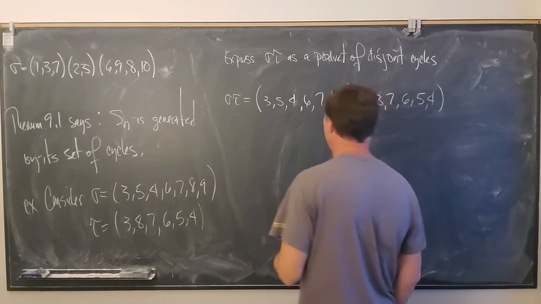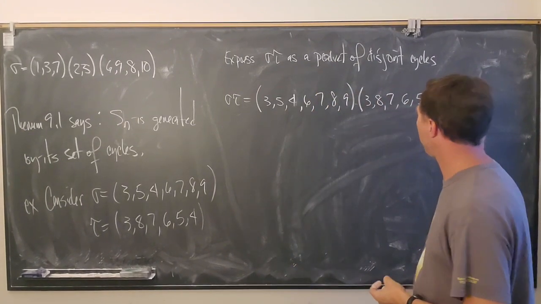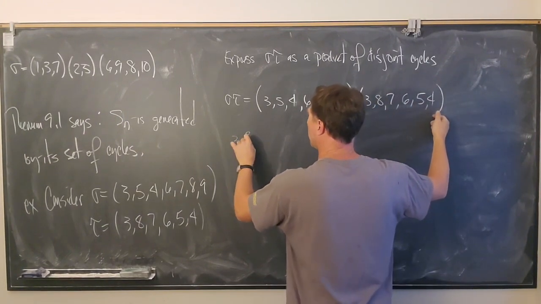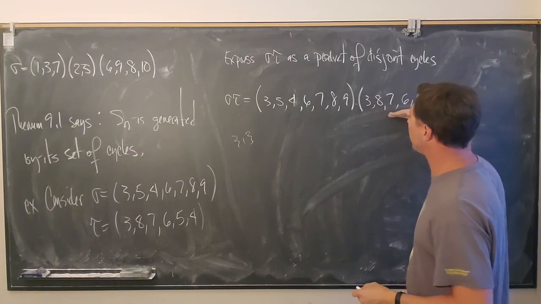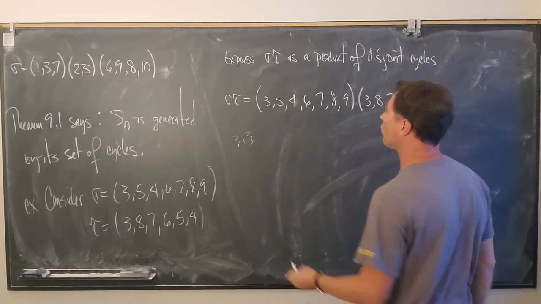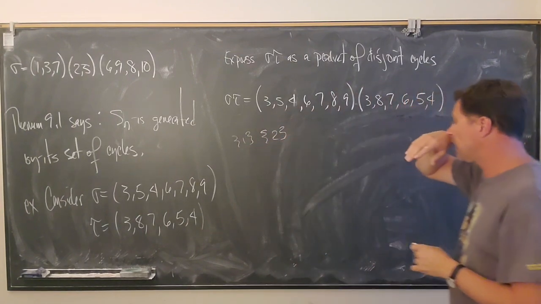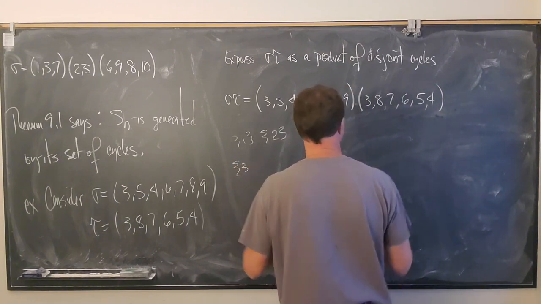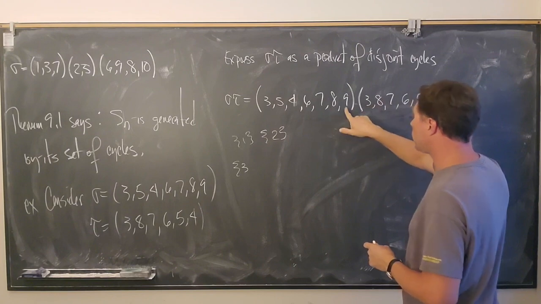Okay, so now I need to identify who the orbits are. So let's see, the orbit of 1, just 1, right? Because as you feed 1 through here, nothing happens. The orbit of 2 is just 2 because we don't see 2 appearing at all here. Now how about 3? So the orbit for 3, as I go through, 3 goes to 8, which goes to 9.